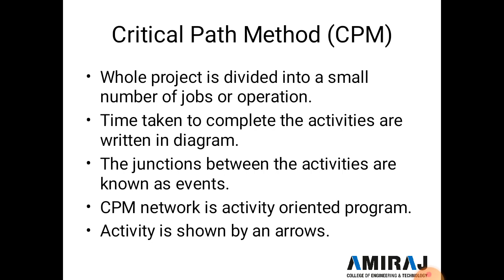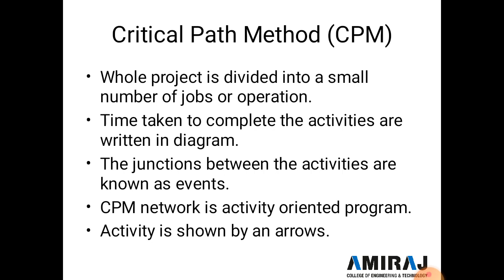So here, one of the differences asked in the GTU examination is: write a difference between CPM and PERT. So CPM network is an activity oriented program, and an activity is shown by an arrow, a simple arrow. There are two events in an arrow, head event and tail event.